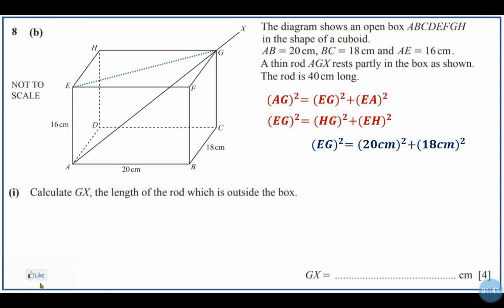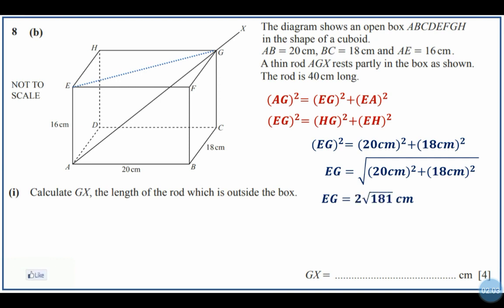Then you just square root both sides so that you can remove the square on the EG. To find EG, just plug this into your calculator: square root of 20 squared plus 18 squared.